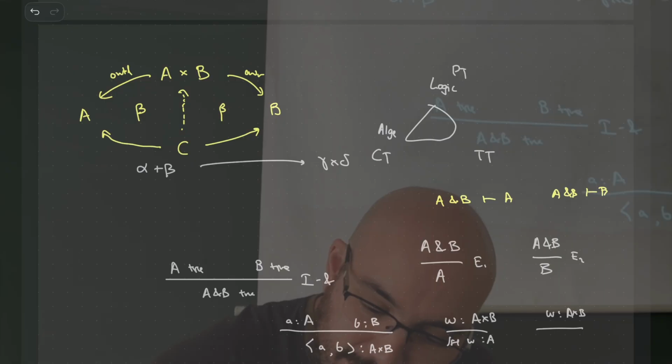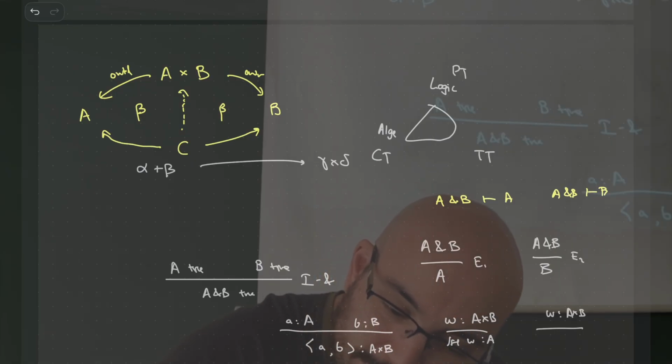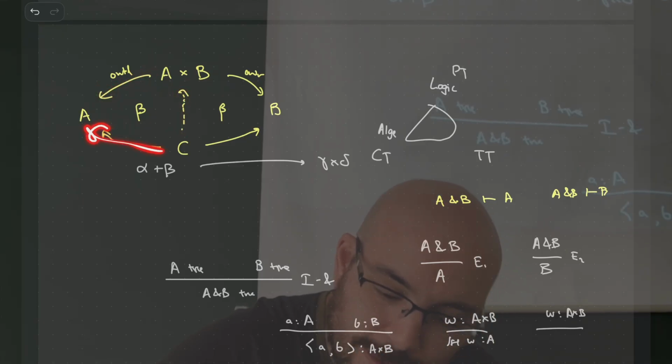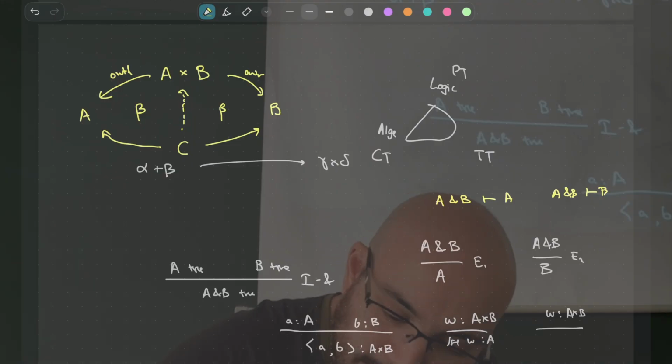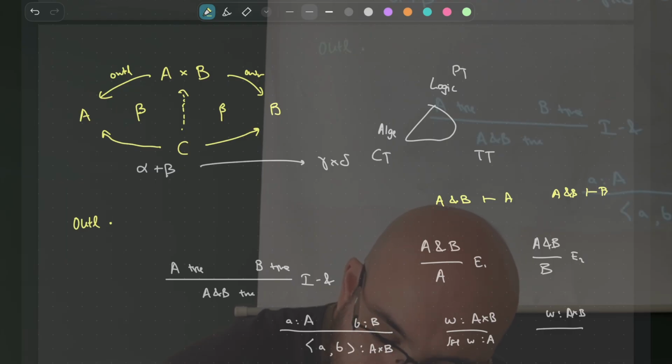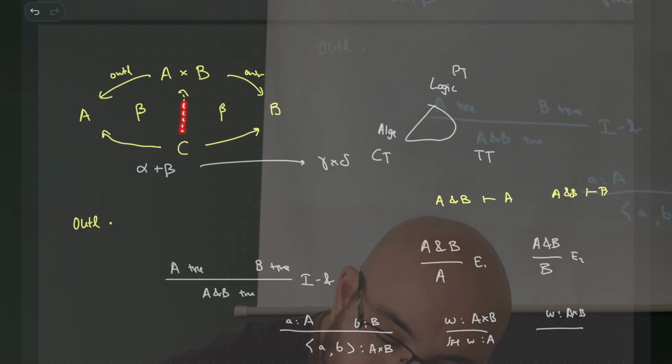What is this beta and beta here? It's like the out left of this thing is equal to that, right? So you have an out left of... remember how we called this arrow?